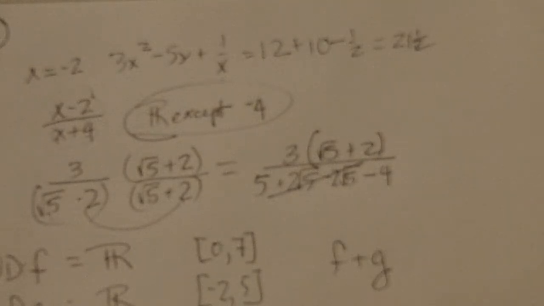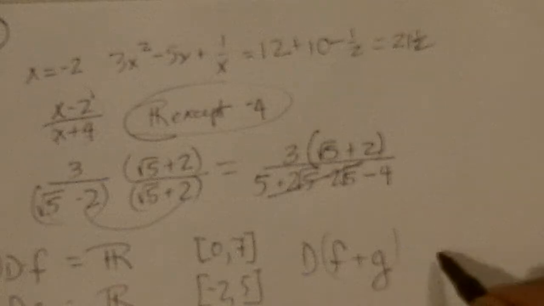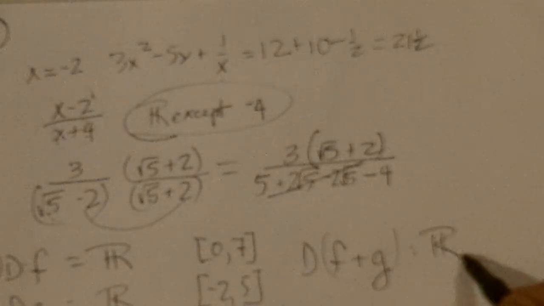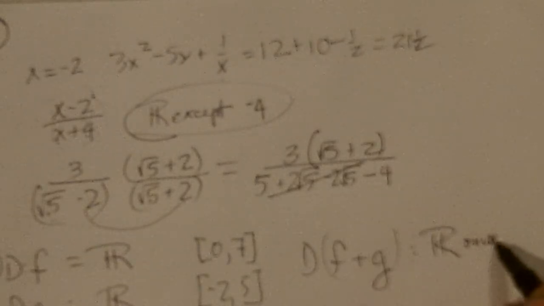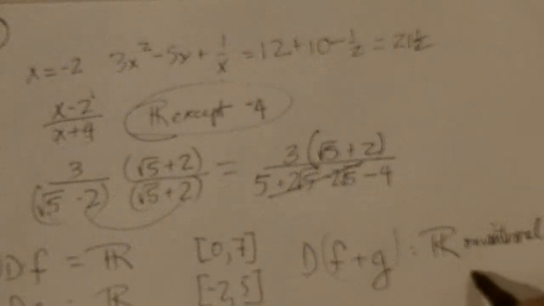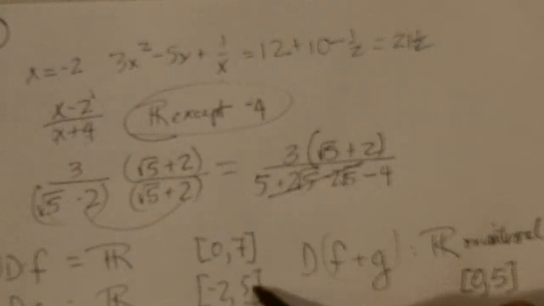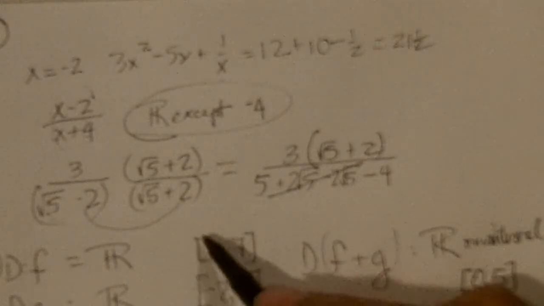Let's take a picture of that, from 0 to 7. And g is from -2 to 5. But we have to be able to figure out f of x and g of x, and that only happens for the ones where we know both, which should be from 0 to 5. So the domain of f plus g is all reals on the interval from 0 to 5, and we can include the 5 because it's in both of them, and we can include the 0 because it's in both of them.